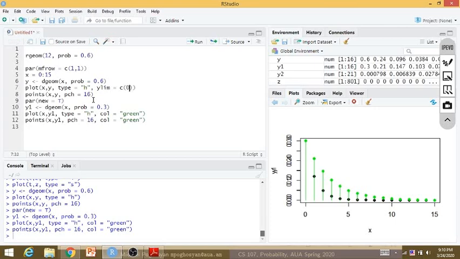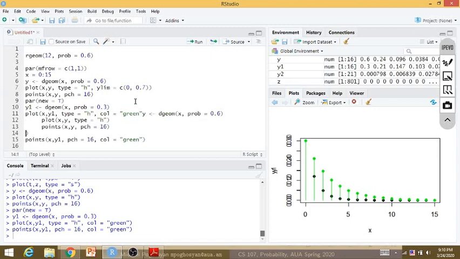So start from 0 to, let me choose 0.7, because the first probability will be 0.6, sorry, I can take 0.7 here. Okay, and I'm doing the same. I'm asking to plot the second one.